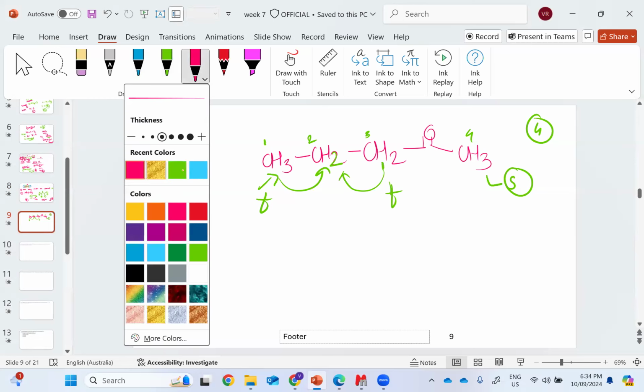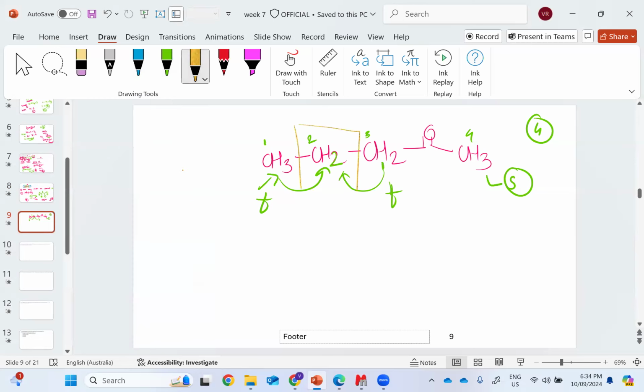Now the question is, what is the multiplicity of this CH2 group, which I have highlighted here? Anyone here? What is the multiplicity of this one? Sextet.